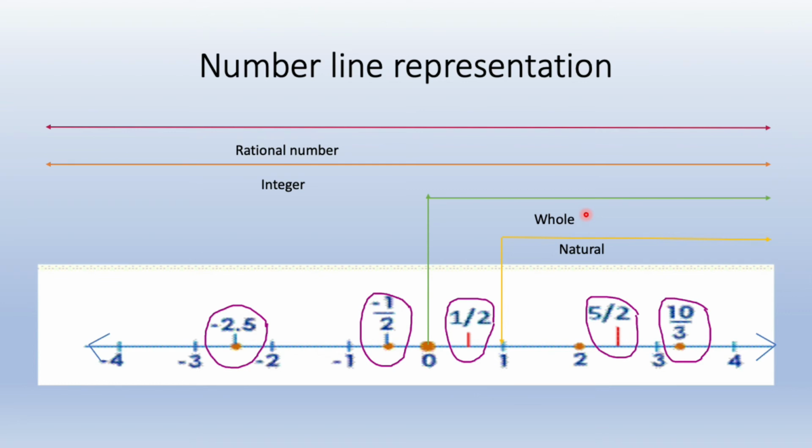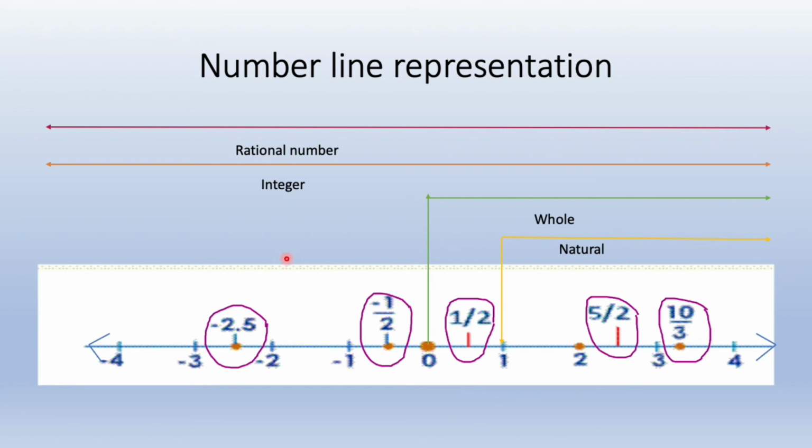Next, integers. For integers, the number line can extend on both sides indefinitely, but we cannot find any number between two integers. Last, rational number representation. For rational numbers, the number line can extend on both sides indefinitely, but here we can find many numbers between two integers.